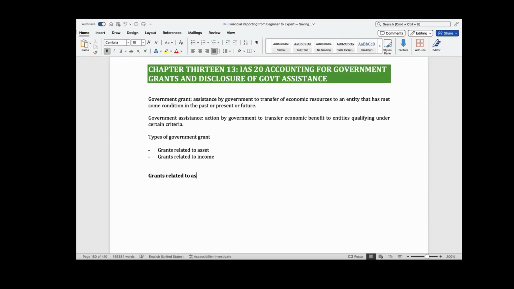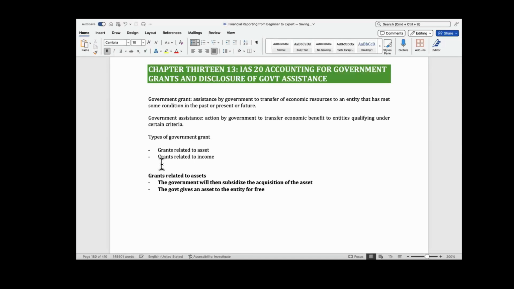So the government says the condition attached is: buy an asset, and we subsidize the acquisition of the asset. Or the government gives an asset to the entity for free. That's a grant related to assets.